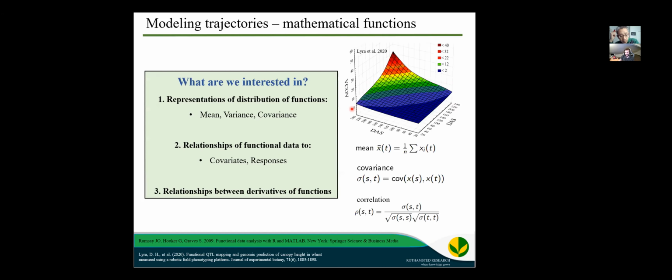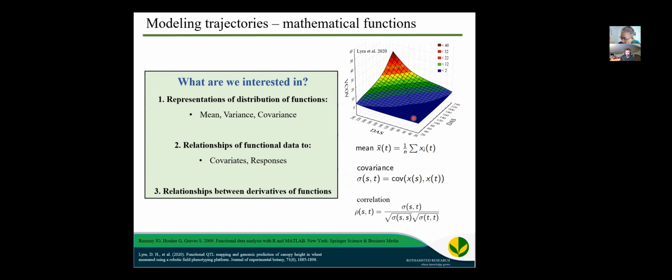And I'm just plotting here what I have done for canopy height for wheat. We are very much looking to model the covariance of these measurements. It's very important to look at this measure in all of these functional mapping approaches, and the correlation as well.